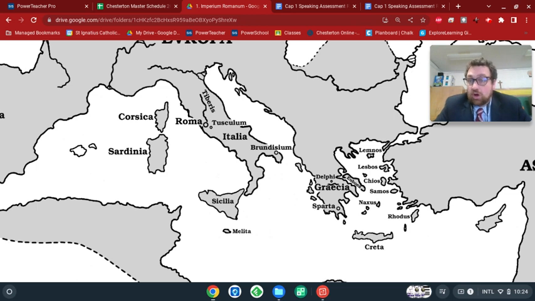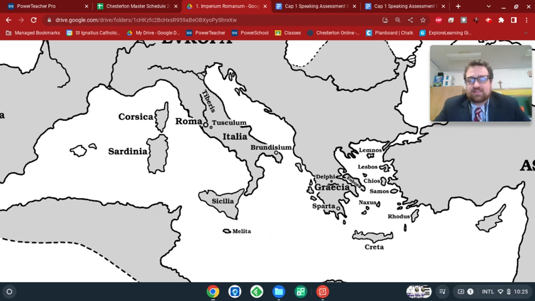Sic, Tusculum oppidum est. Estne oppidum magnum an oppidum parvum? Tusculum est oppidum parvum. Estne Corsica oppidum? Minime. Corsica oppidum non est.